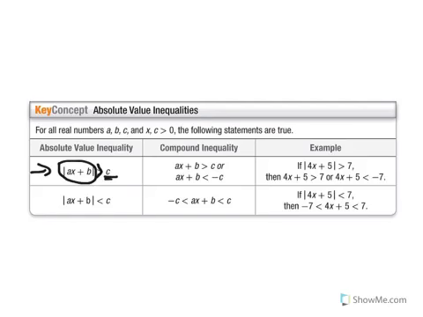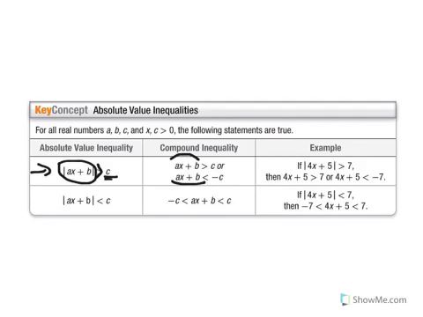If it's written like that, you can write it as an OR inequality, where the absolute value is greater than your number, or the absolute value is less than the opposite of your number. Now, this can get kind of tedious and confusing, so make sure you're looking over this and trying to soak it in. We'll do an example in just a second.